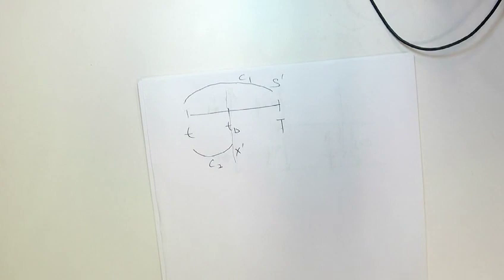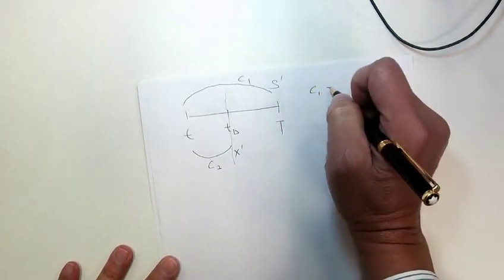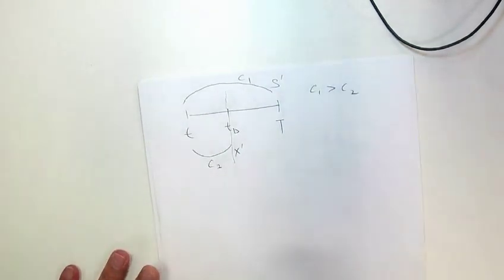Okay? Now, if C1 is greater than C2, what does that mean? You will not exercise the American call. Okay? So you can infer from that either the dividend payment is too small to make a difference, or the time value is large.